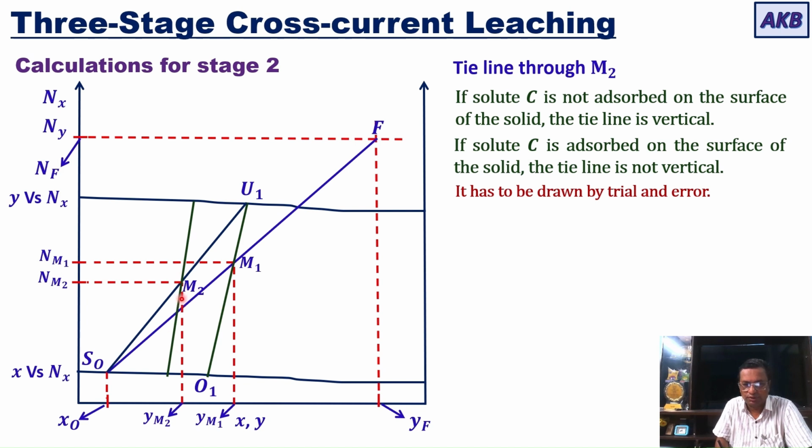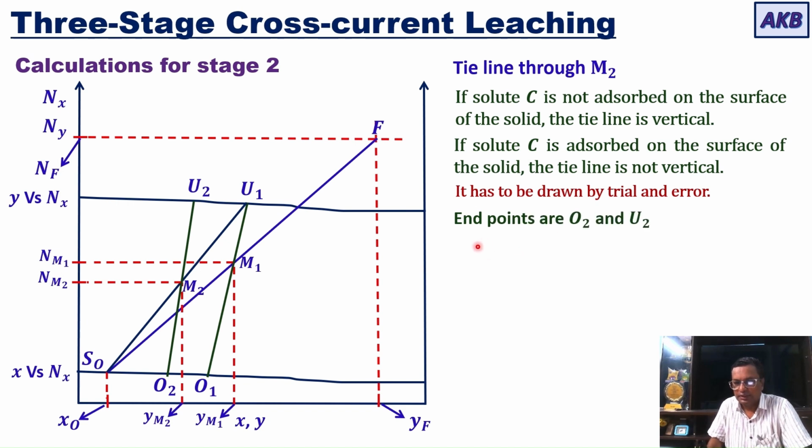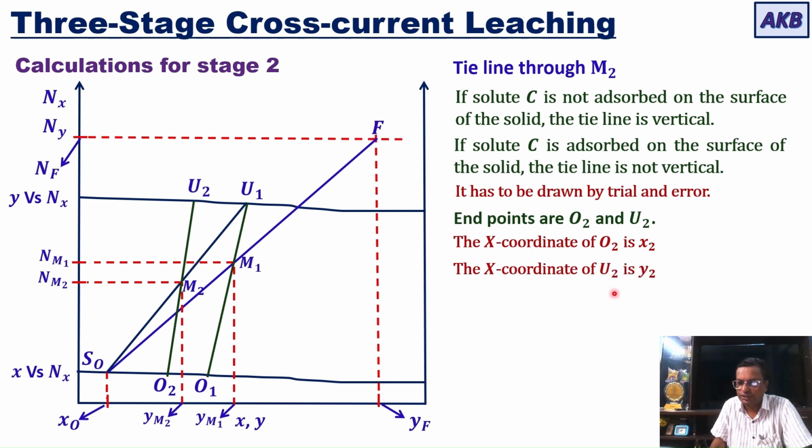So we'll consider the second case, and by trial and error I will have to draw a tie line that passes through M2. The endpoints of the tie line, the lower end will be point O2 and the upper end will be U2. Then you have to record the coordinates. The x coordinate of point O2 is x2. The x coordinate of point U2 is y2, and the y coordinate of point U2 is n2.